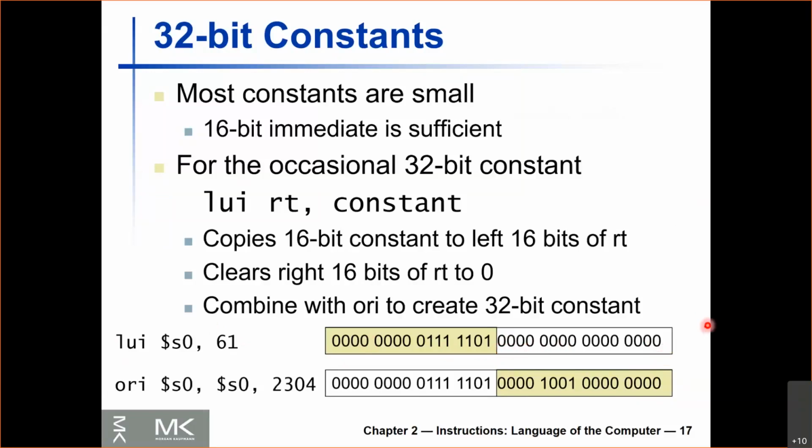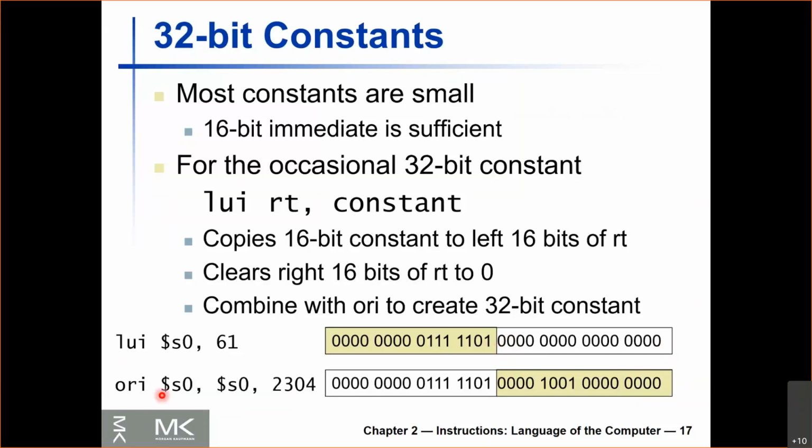Someone's asking me if I can repeat. What part of it would you like me to repeat? The OR immediate. So remember, I would like to set these lower 16 bits over here. We saw before how if we would like to set specific bits inside of a word, we can use the OR operation.